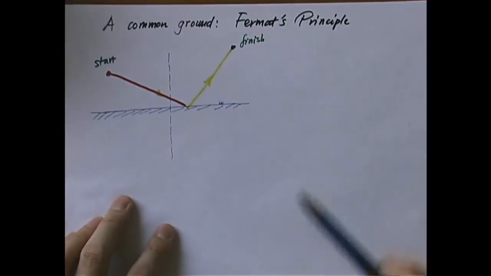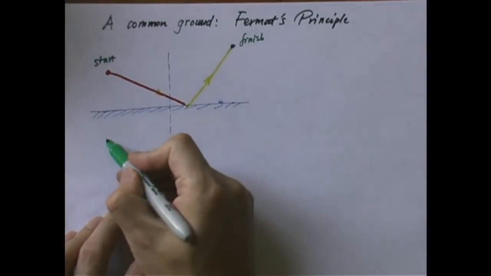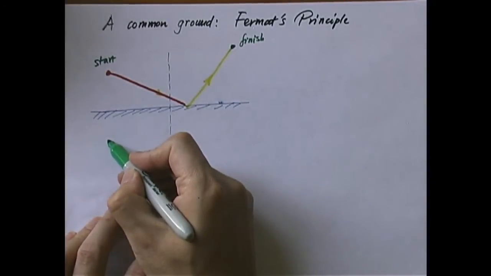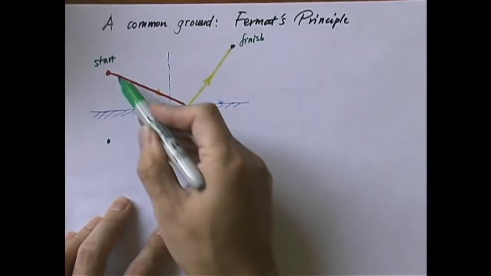There's a common trick that we use when there's a mirror like this. The common trick is to find the mirror image point. So I'm going to find the mirror image point right here, of this point.